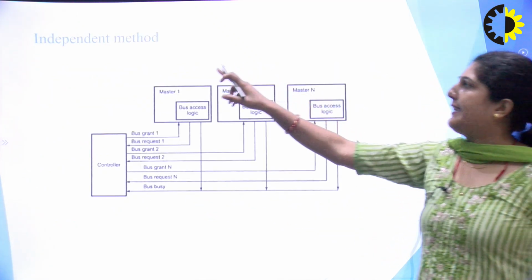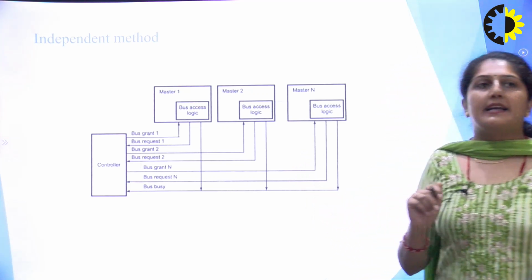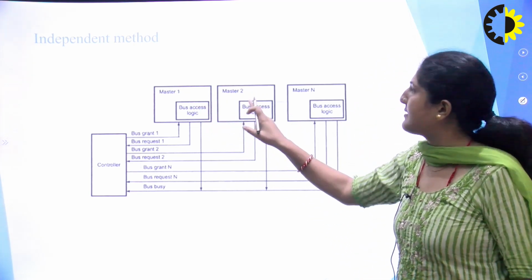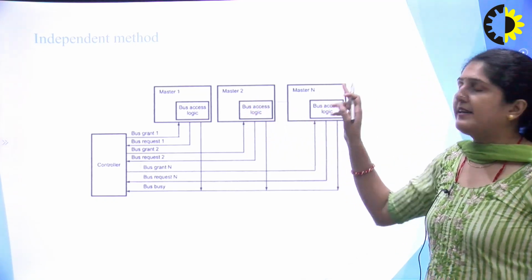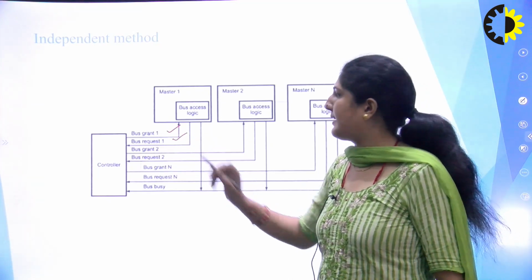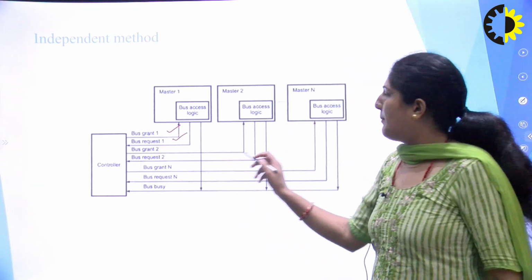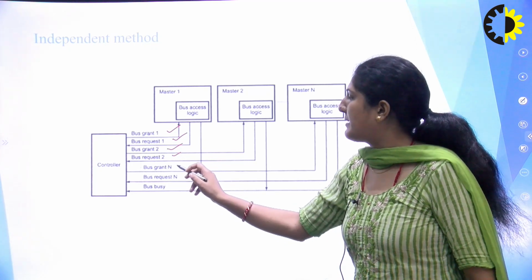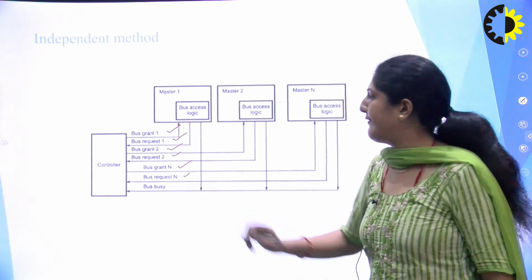The third is the independent method. In this, every device which is connected has its own bus grant line and bus request line: bus request 1, bus grant 1, bus request 2, bus grant 2, up to bus grant n for n devices.